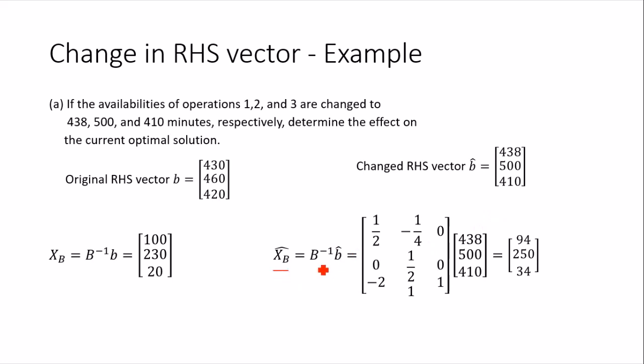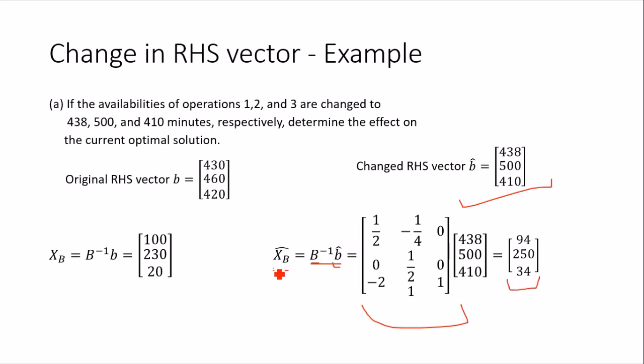The formula still remains the same, B inverse times b hat. How to read B inverse? All of us already know where to read B inverse from. From the given optimal table, you read the columns of those variables which were in the starting basis. So you will very easily get the value of B inverse, and b hat is what you have just seen. Multiply this and you will get this new solution.